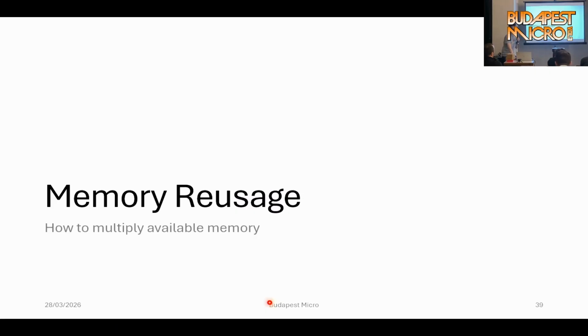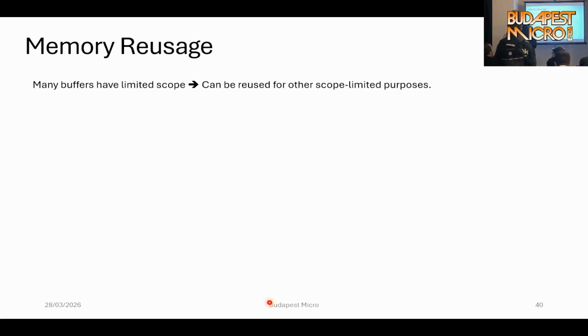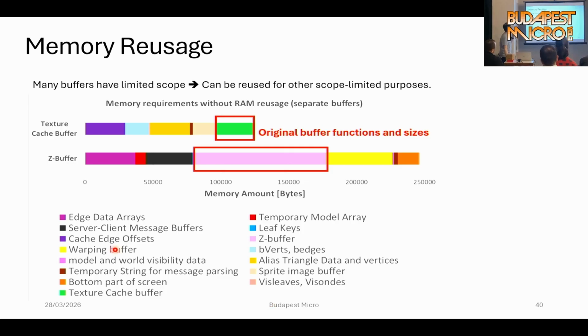Another trick was memory reuse. There are many buffers that have limited scope, and they can be used for other scope-limited purposes. For instance, we have the texture cache buffer, which is this one, and the Z buffer, which is this one.